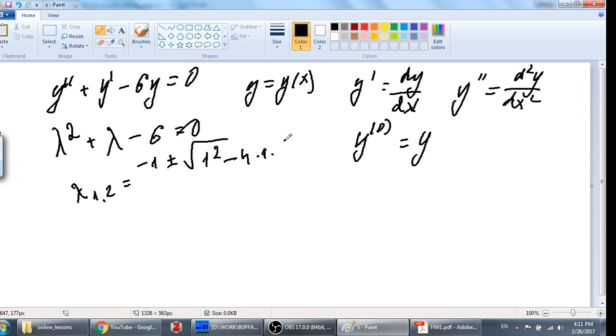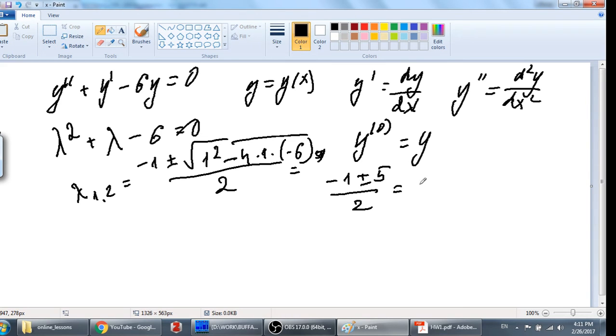That gives you plus 24, and together that's the square root of 25 divided by 2, so you have minus 1 plus or minus 5 divided by 2. If you choose both minuses, that gives you minus 6 divided by 2, minus 3, or if you choose the plus, that's 4 divided by 2, which is 2.